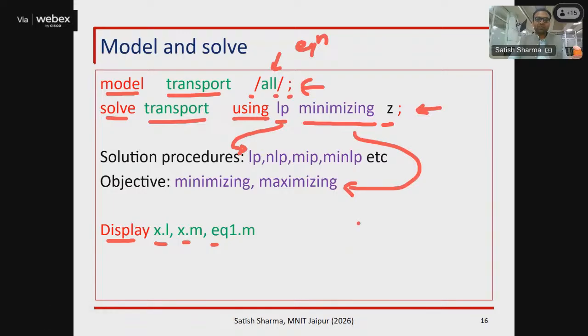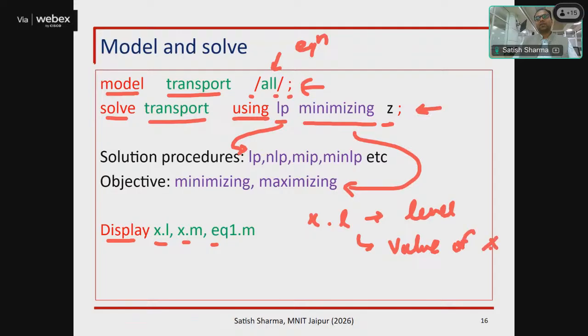Here dot l is the level of a particular variable. So at what level, or what is the value of a variable? So x dot l is the value of x, and I would say x star because we are solving it after the optimization.